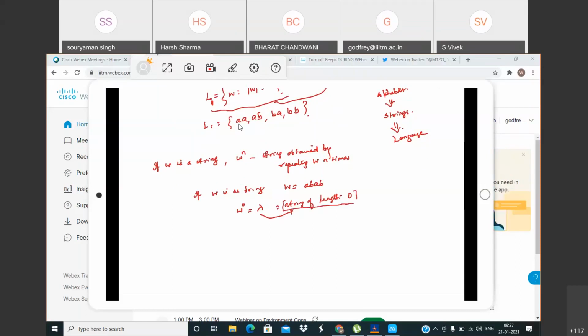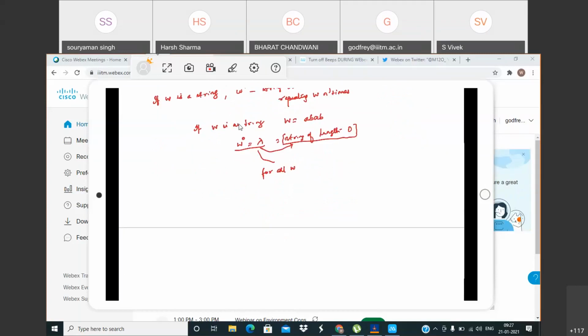This needs to be kept in mind. It doesn't mean that it is not a string. Lambda is a string, but it's a string of length 0. By repeating W 0 times, what you get is a string of length 0, and this is true for all W. For all W, W power 0 is equal to lambda.